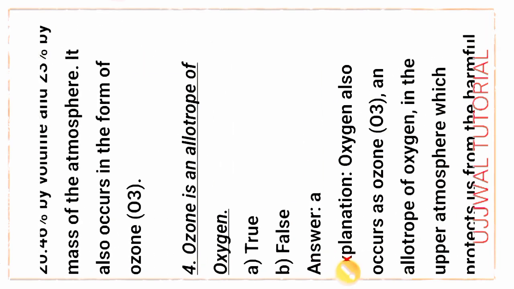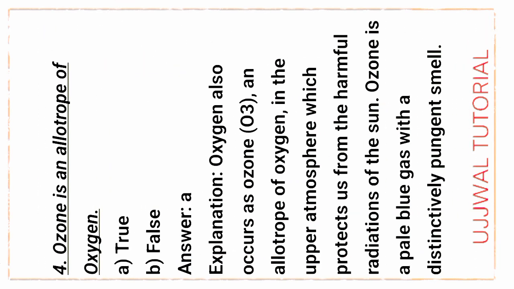Next question, question number 4. Ozone is an allotrope of oxygen. Yes, this statement is true. To explain this part, oxygen also occurs as ozone, an allotrope of oxygen, in the upper atmosphere, which protects us from the harmful radiation of the sun.